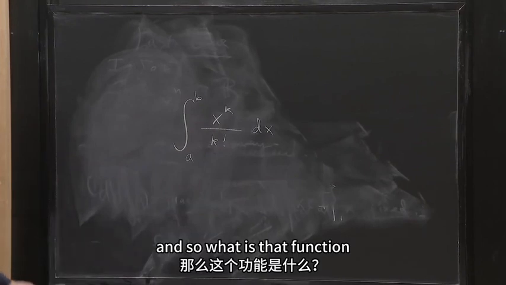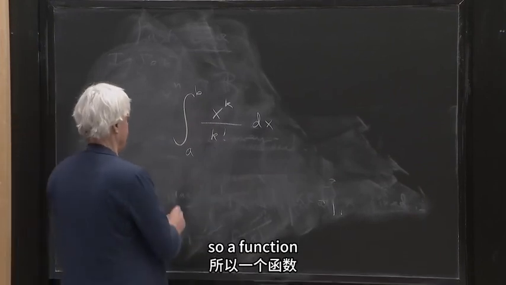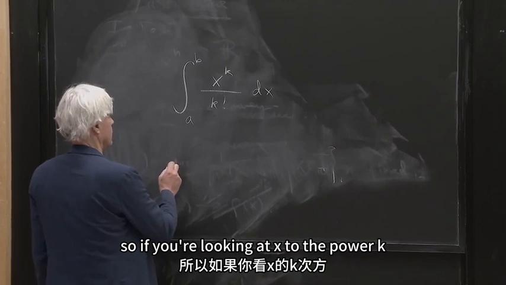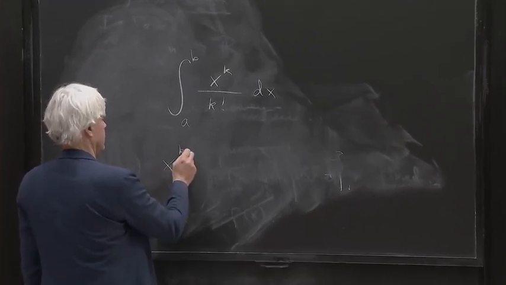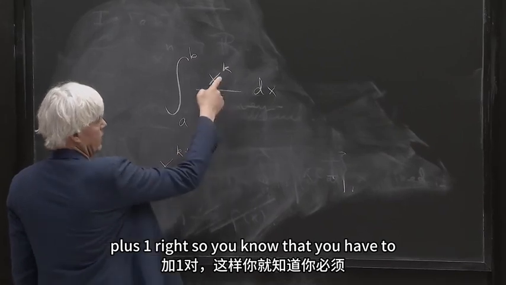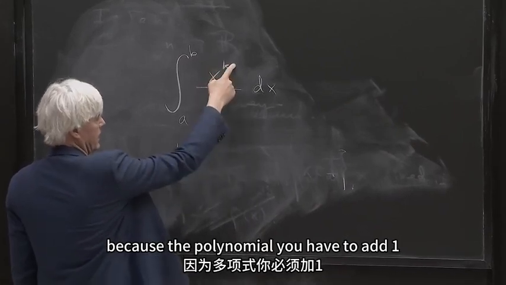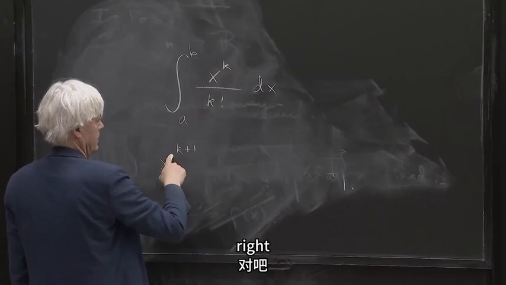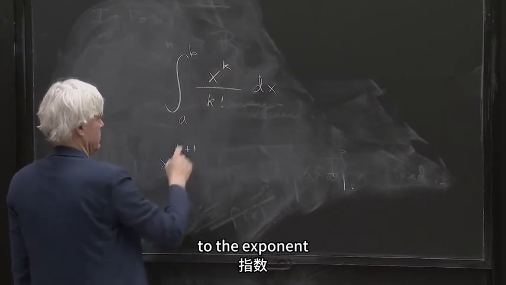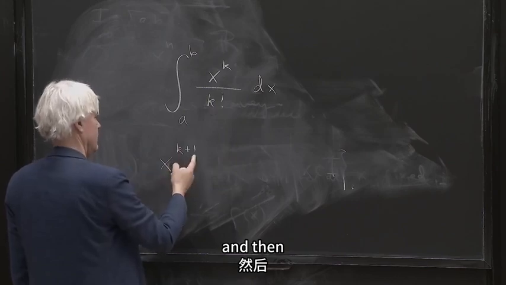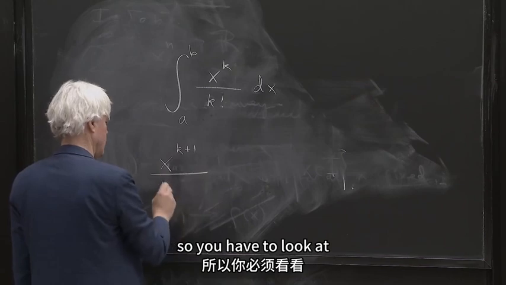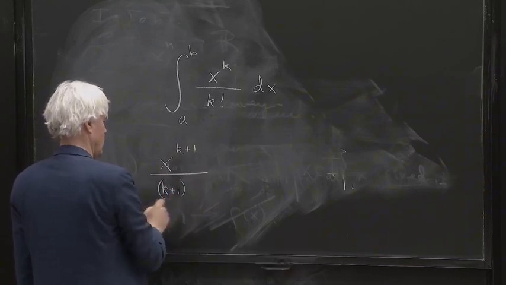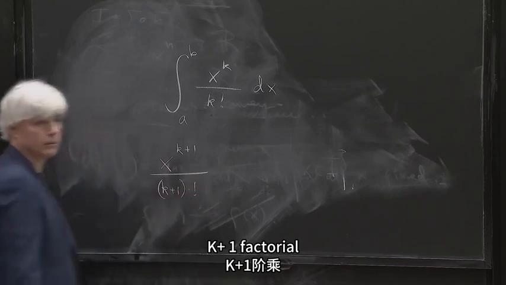And so what is that function? If you're looking at x to the power k plus 1, because of the polynomial, you have to add 1 to the exponent. And then when you take the derivative, this comes down. So you have to look at k plus 1 factorial, right?